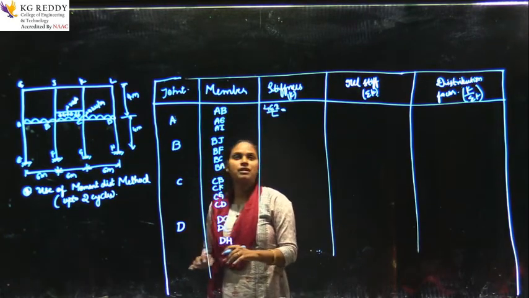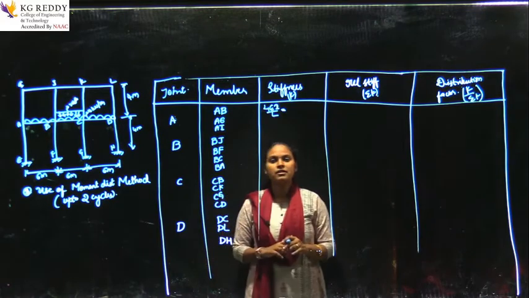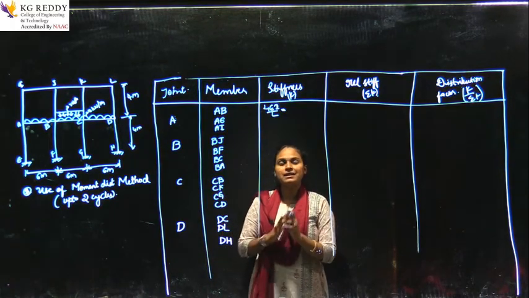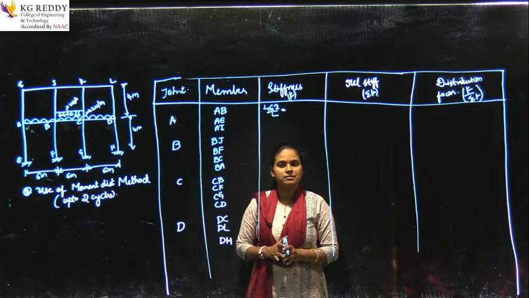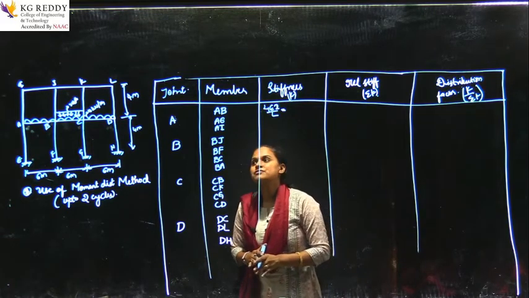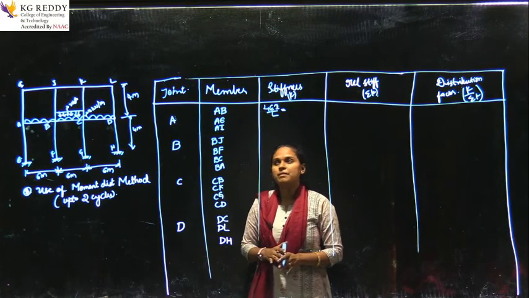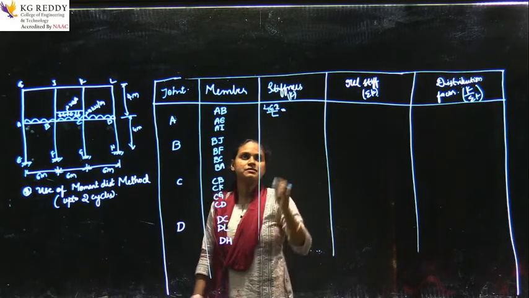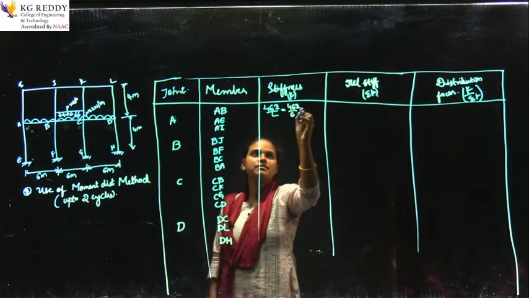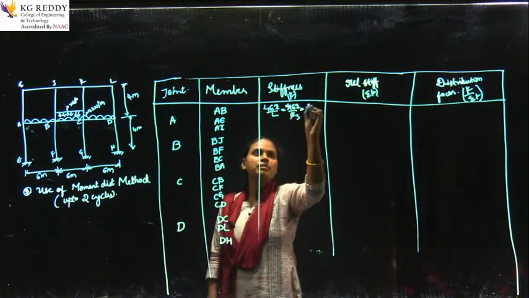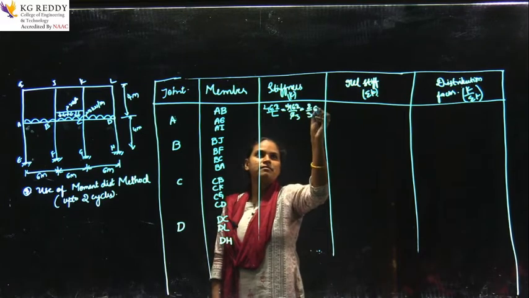Now just remember one thing here: you need to keep in mind that the length is different. So what is 4EI by length for the member AB? It is 6 meters. So 4EI by 6 will be 2 by 3 EI.